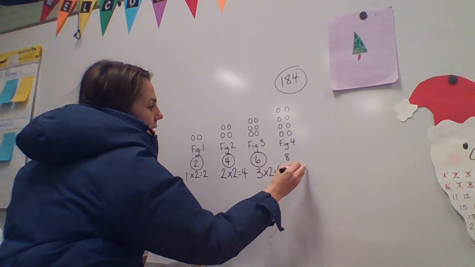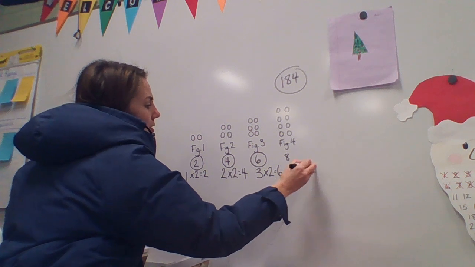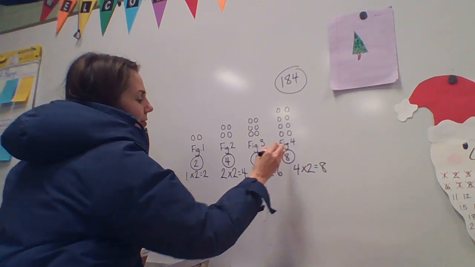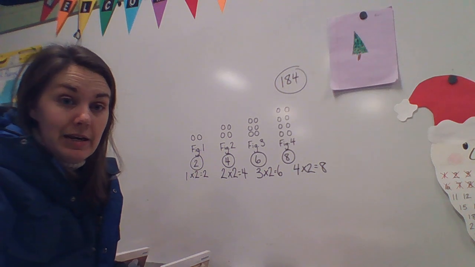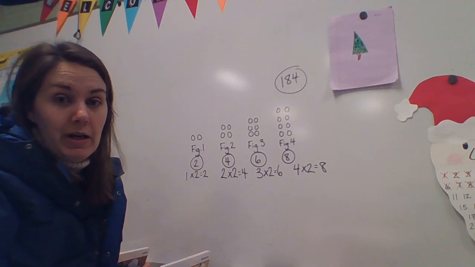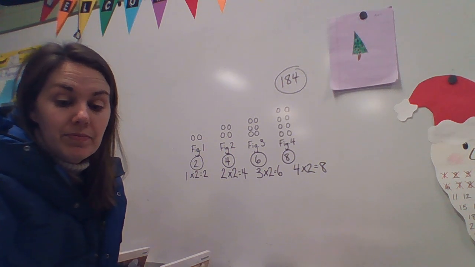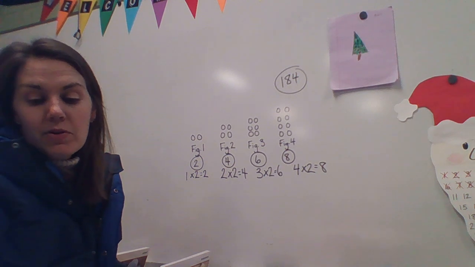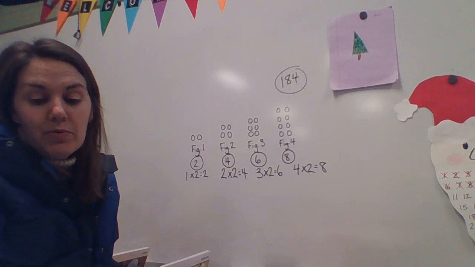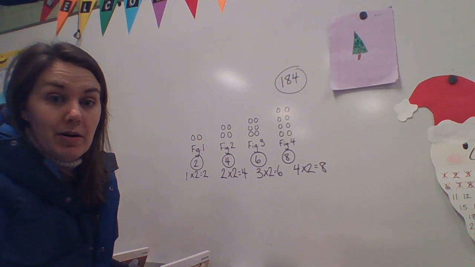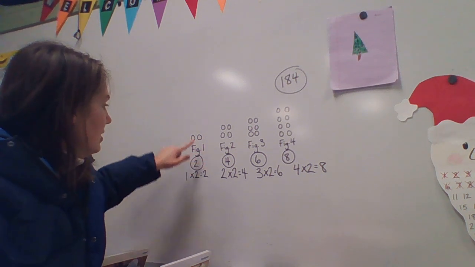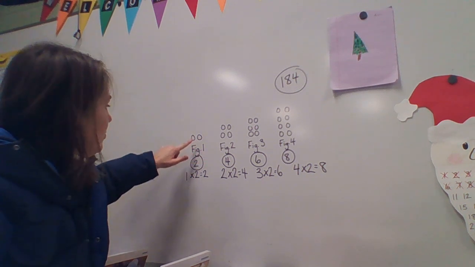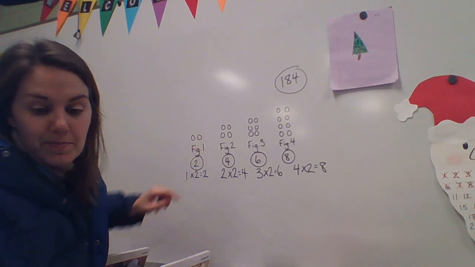And figure 4, if we multiply by 2, we get an answer of 8. So we could say that our rule is multiplying by 2 each time. So the total number of circles in each figure would be twice as much as the figure number, right? So we have figure 1 multiplied by 2 would equal the number of circles.